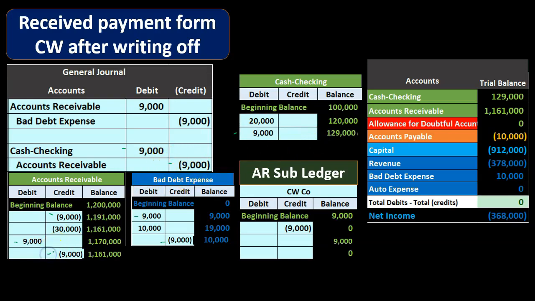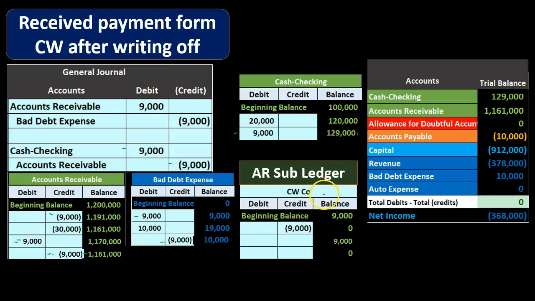Here's the credit. So note what happened. We started before this process in the receivable general ledger at 1,161,000, and then we brought it up, putting them back in good standing and back down to bring us back to that same spot, 1,161,000.